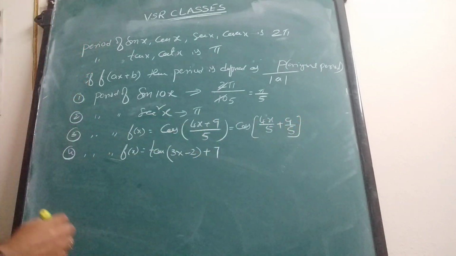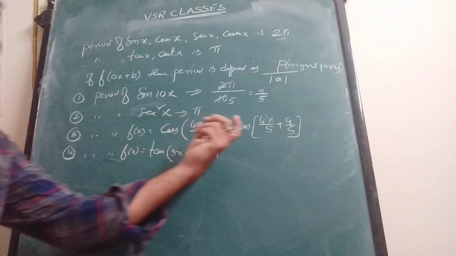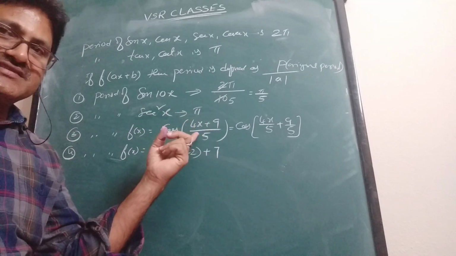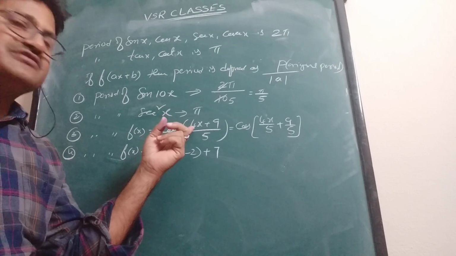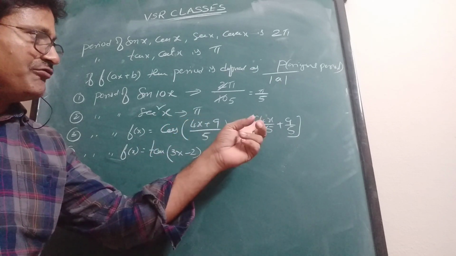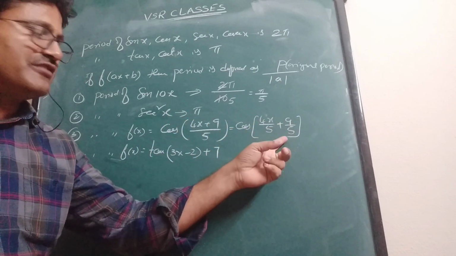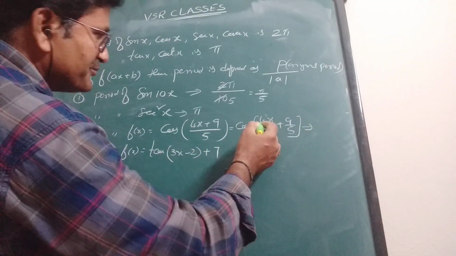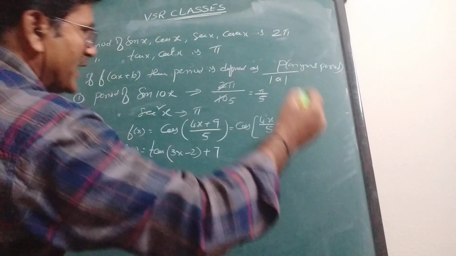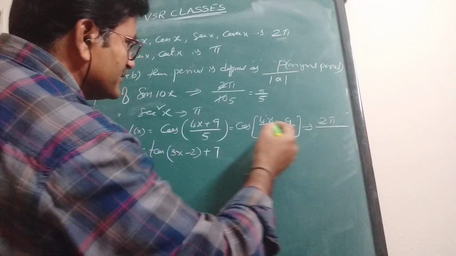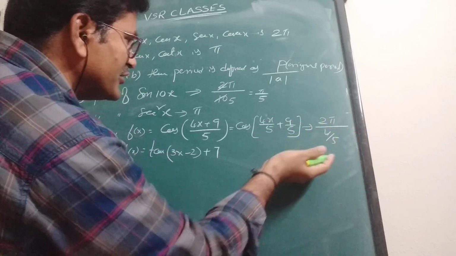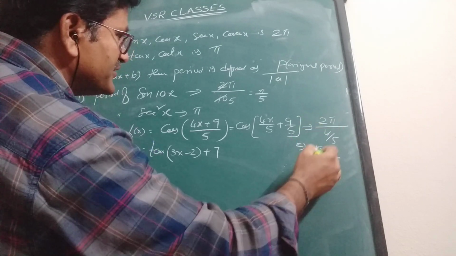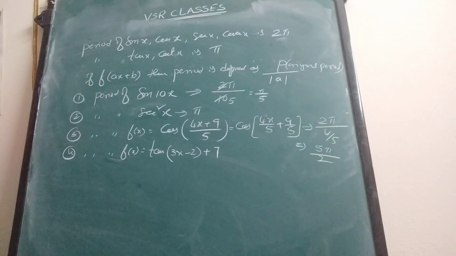Then only you can identify the x coefficient there. Now you see the x coefficient is 4 by 5. What is its original period? The original period of cos is 2 pi divided by 4 by 5. It comes upside, so you will have 5 pi by 2. 5 pi by 2 is your answer for that.